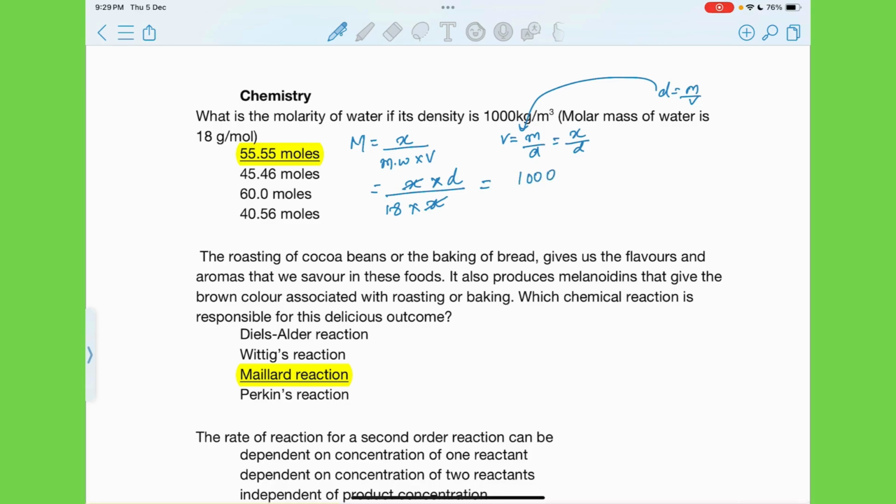Density is 1000 upon 18, which will come upon 55.55. Answer is option number 1.